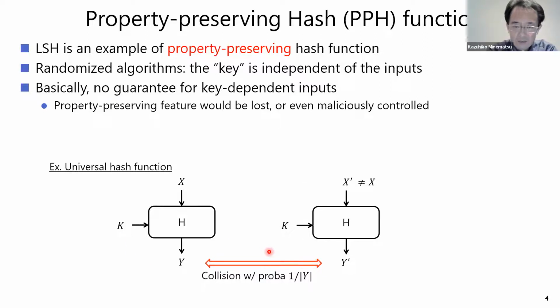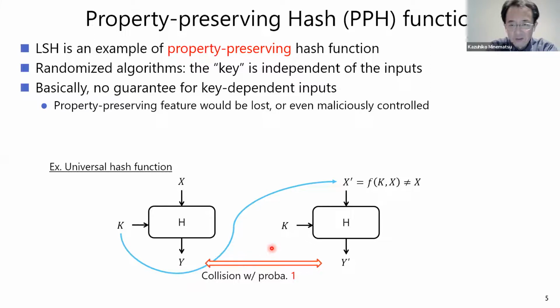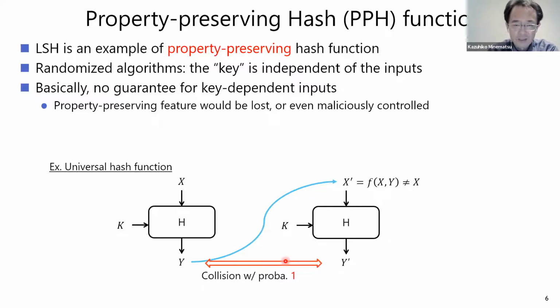However, if the adversary learns the key, it is very easy to create a second input that will produce a hash value colliding with that of the first input. And in the case of the universal hash function, it is even possible to create a second collision by just running the first hash value.